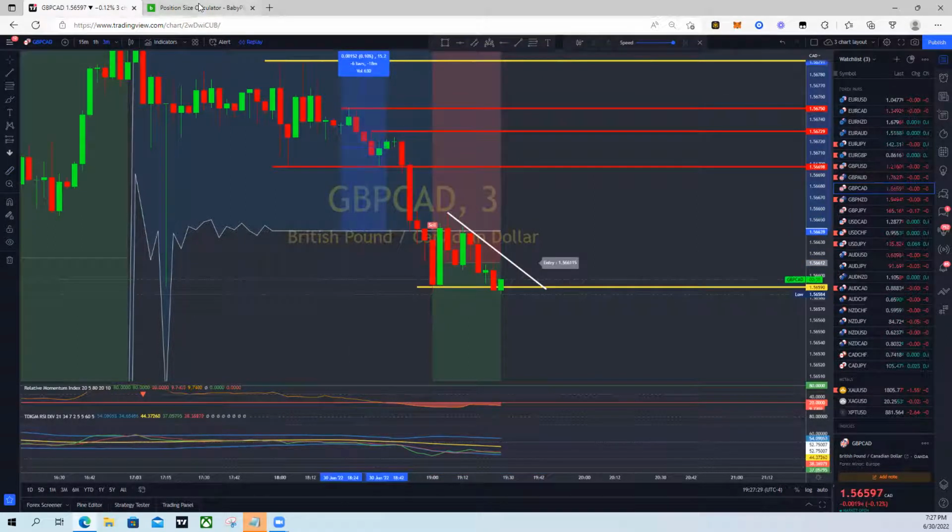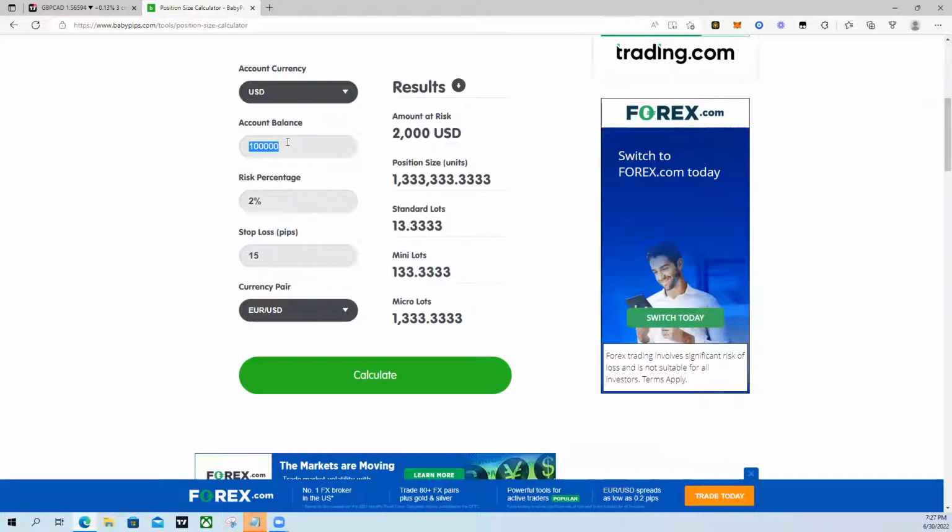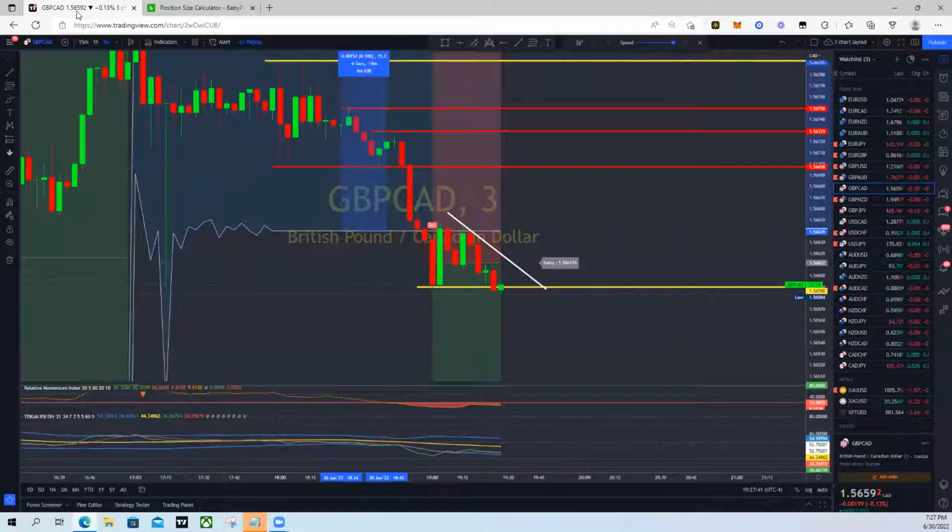So let's go to a regular account. If you got a $1,000 account and you're risking 2% on 15 pips, you're using a 0.13 lot size. A 0.13 lot size is $1.30 a pip. So if you catch 10 pips, I got that right.